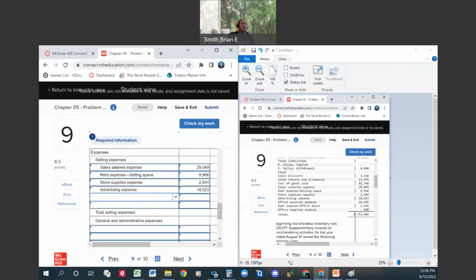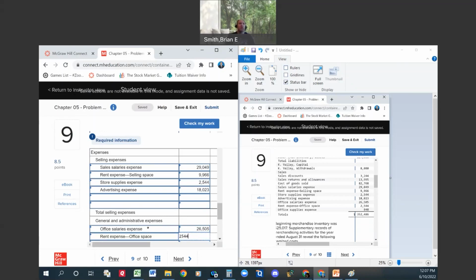Okay. Let's go to do the general administrative expenses. We have office salaries expense 26,505. Rent expense for office space 2544.